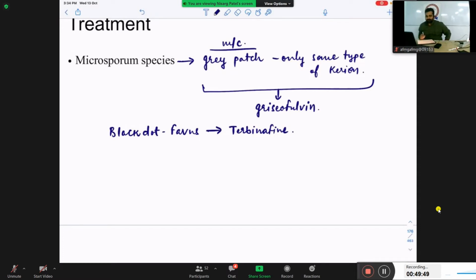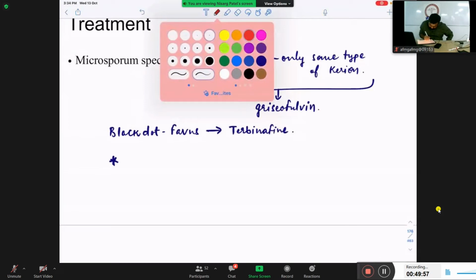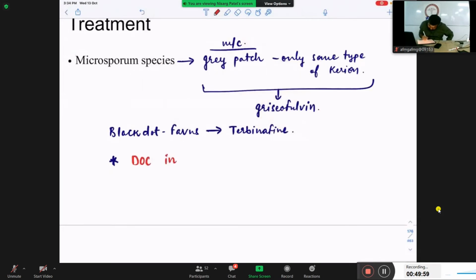Now, if in your exam they ask what is the drug of choice in tinea capitis, you will answer oral griseofulvin, because the mild variety is most common.